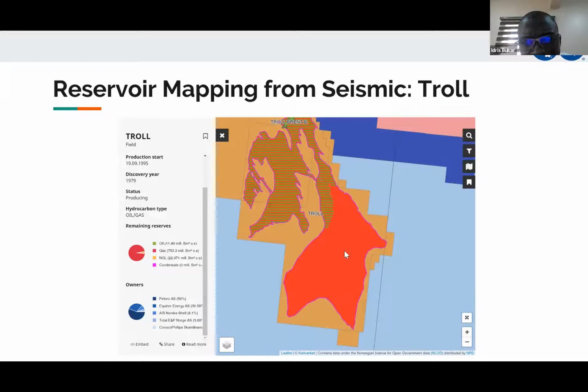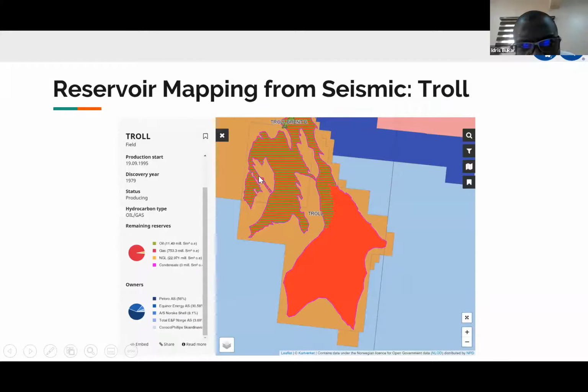This is the map of the Troll field in the Norwegian North Sea that we talked about. On the right, on the southeastern corner, we have the Troll East, which is the one we were showing yesterday, which is a gas field. And then the Troll West, which is here, is oil and gas.